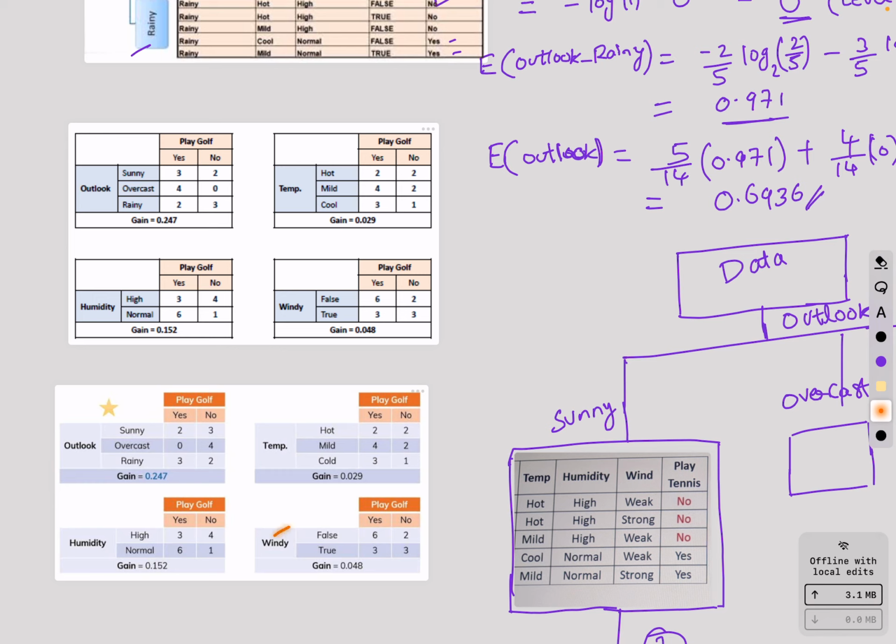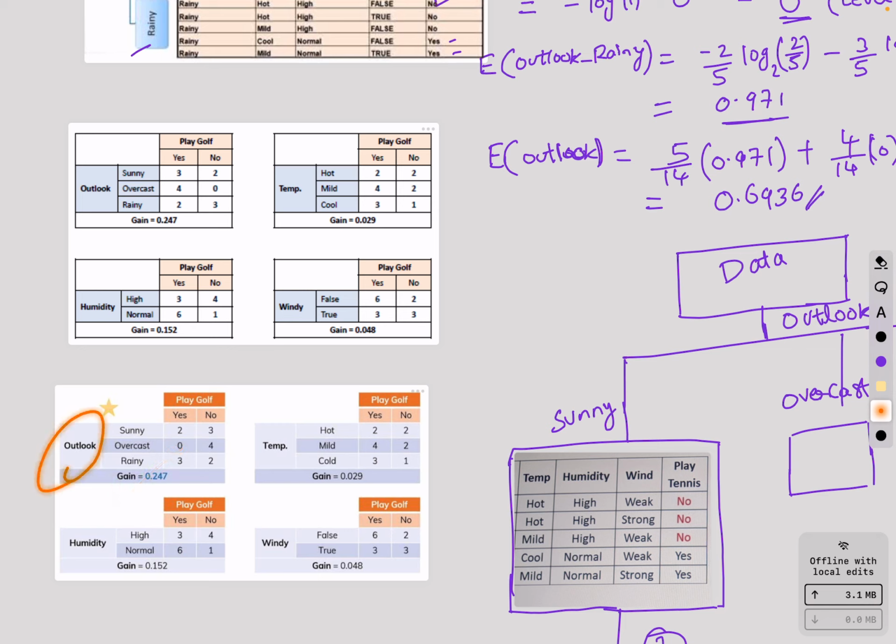And the information gain I get for the outlook is the highest, right? Because the information gain here is 0.247, here it is 0.029 and 0.048 and 0.152. So this is the highest, which gives me the highest information gain if I divide my data based on outlook.